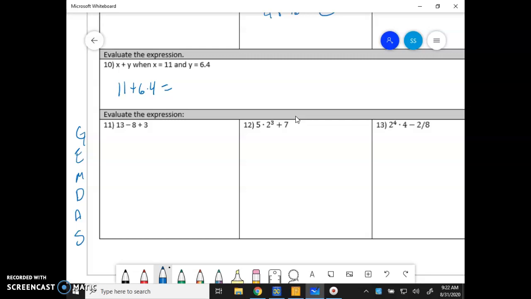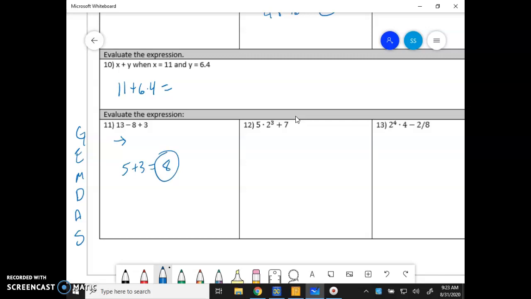So even though addition is first when we write it out like this, or when we say GEMDAS, when you only have addition and subtraction, you just want to solve left to right. So here we're going to do 13 minus 8, which is 5. And then add 3, which is 8. There's your final answer.